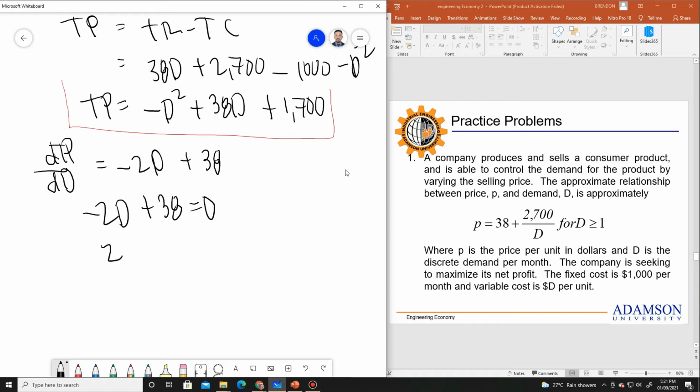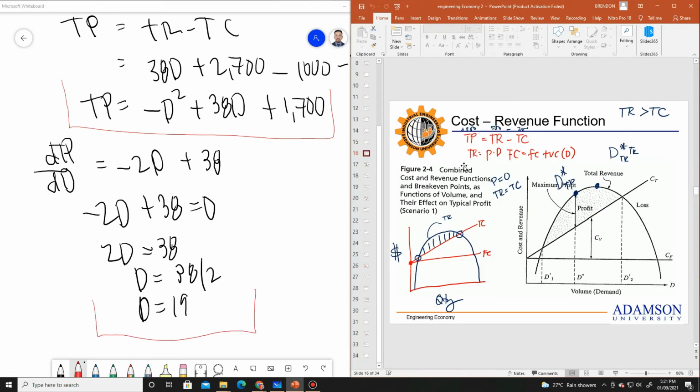Negative 2D to the other side will give it a positive sign. D therefore is 38 divided by 2, or D equals 19. So in our graph, D is here. D is the demand needed to achieve maximum profit.